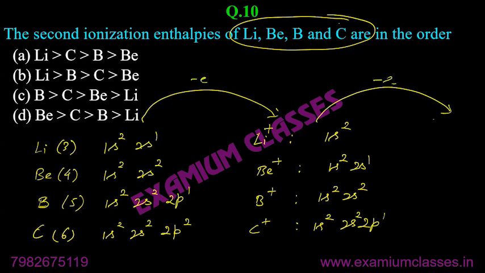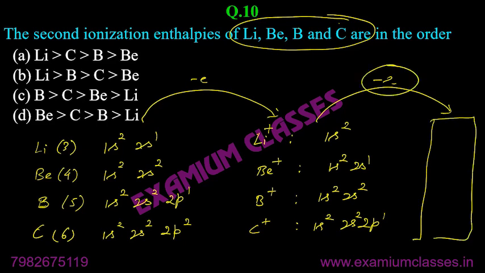Second ionization enthalpy. So here we are talking about the energy required to lose this electron. Remember, it is given in decreasing order in these question options. Now see here, to lose one more electron, Li+ is already in a stable configuration because 1s2 is a fully filled orbital.